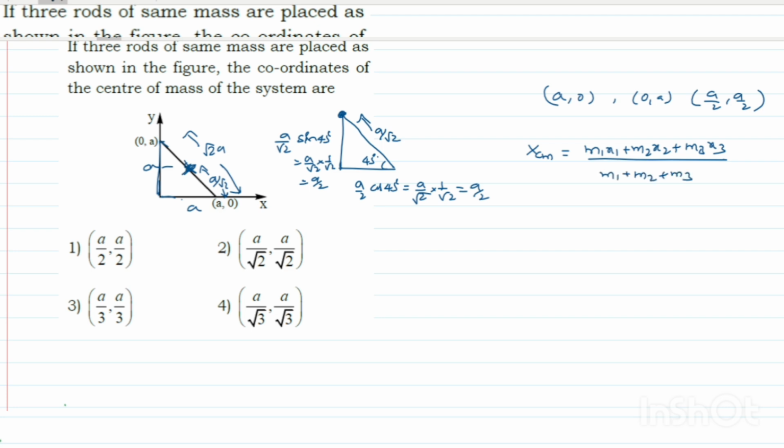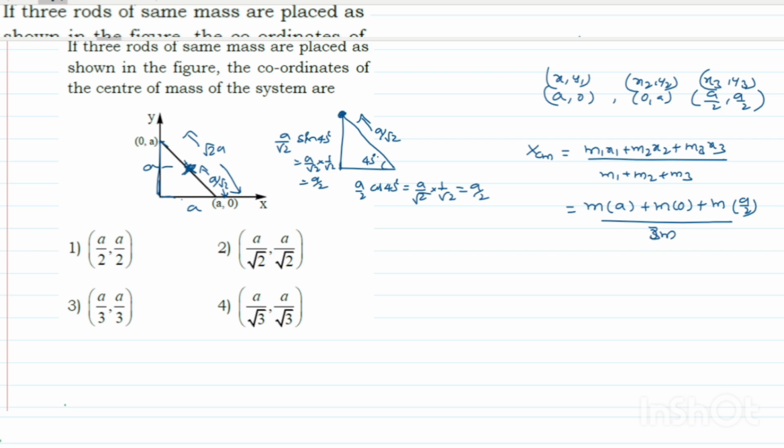Each mass is m, so m into a, plus m into 0, plus m into x3, which is a by 2. Let us take this as x1 y1, x2 y2 and x3 y3. The total mass is 3m.